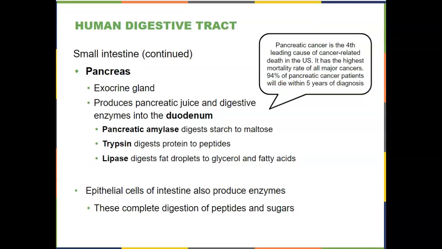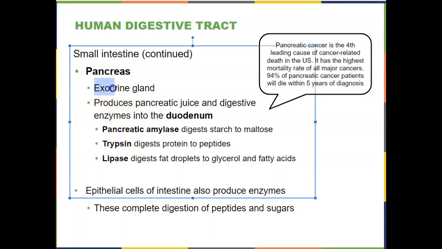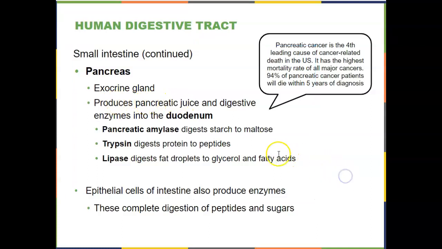Three other enzymes that you'll be required to know for examination purposes are produced by the pancreas. It's referred to as an exocrine gland. That means it's a gland that releases liquids that can find a way to the outside of the body. Some others are the salivary glands, sweat glands, and mammary glands.